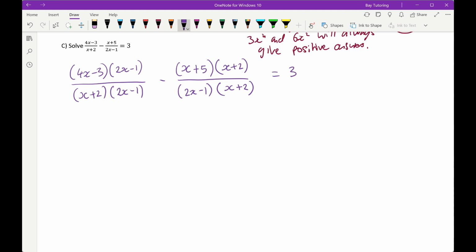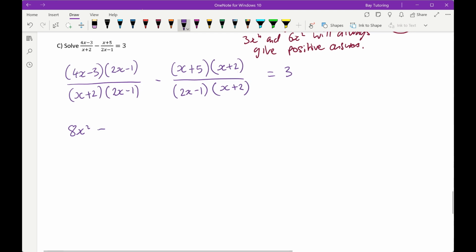Now we will expand. Starting with the first one, 4x times 2x is 8x squared. Then 4x times negative 1 is minus 4x. Negative 3 times 2x is negative 6x, and negative 3 times negative 1 is positive 3.